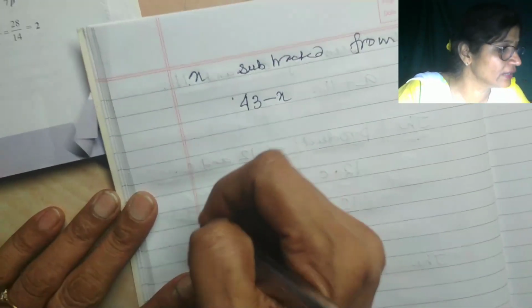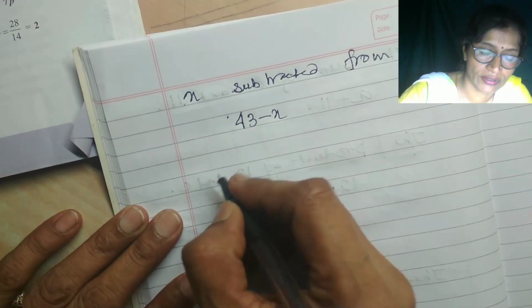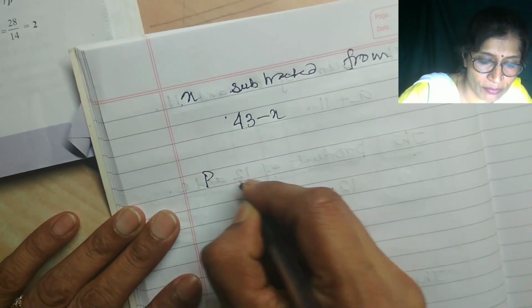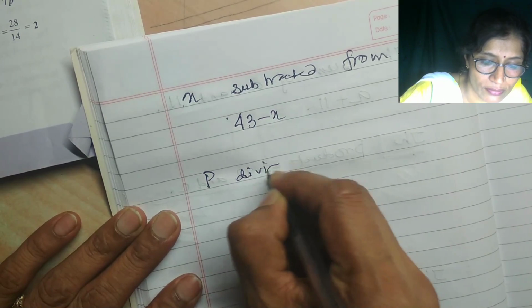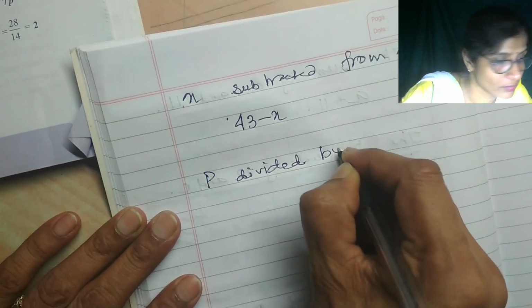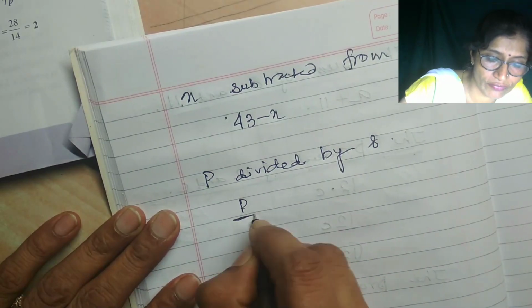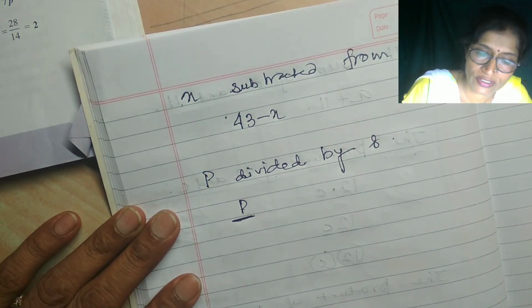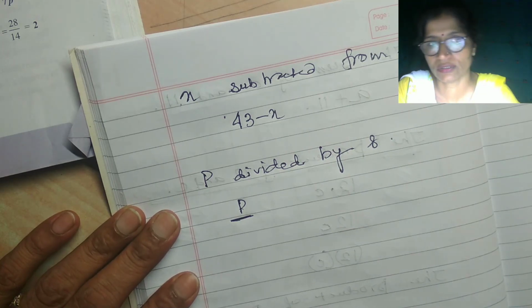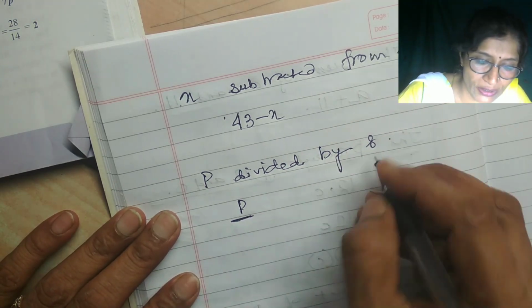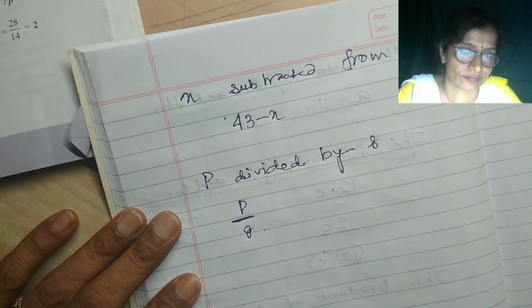Now next is division. If P is divided by 8, how will you write it? In division you have to give this line. This line represents division as in your arithmetic. So P divided by 8.